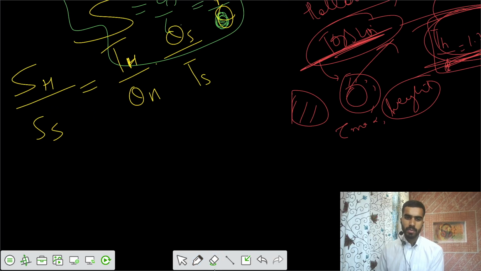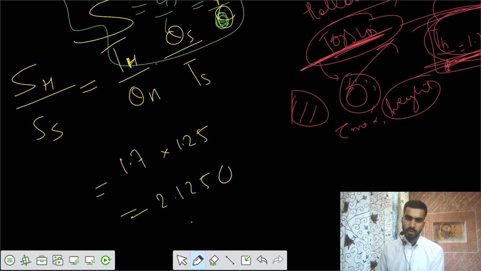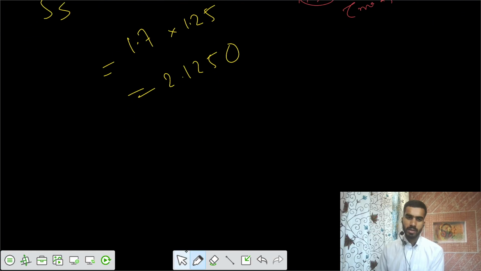Substituting the values, we got T hollow by T solid as 1.7, and theta solid by theta hollow as 1.25. That means 1.7 times 1.25, which is about 2.1250. That means the stiffness is more than twice.